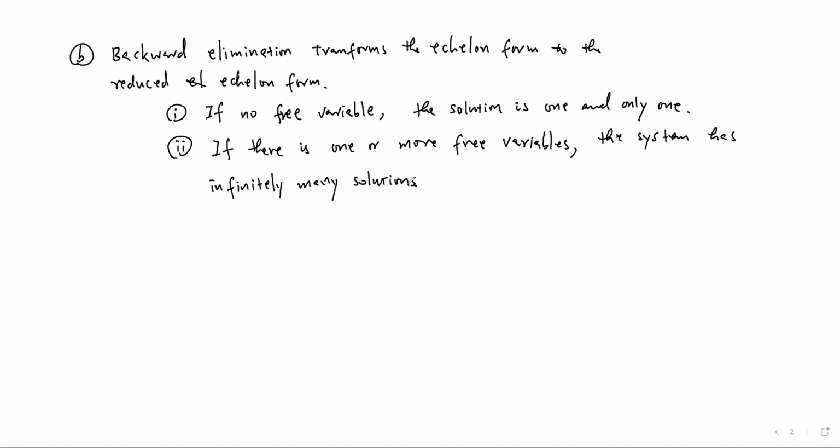If in the coefficient matrix, not the right hand side, each column is a pivot column, then only one solution. If one or more columns in the coefficient matrix are free columns, the linear system has infinitely many solutions. This is a review about how to solve a linear system.